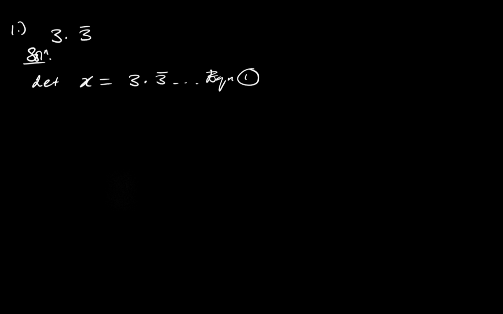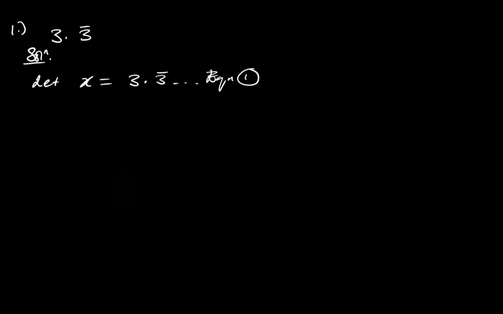The goal is to push the number with the bar to the left-hand side of the decimal point, step by step. The moment that number is pushed to the left-hand side of the decimal place, then you can apply basic algebra and you will get the form in which you want.